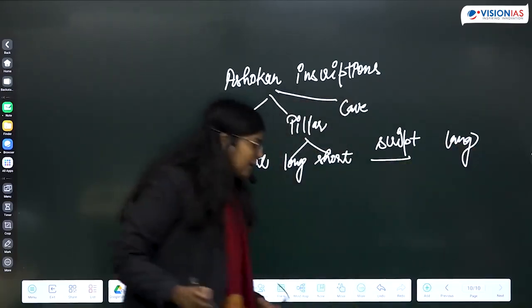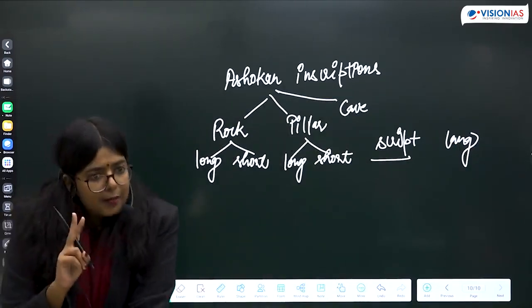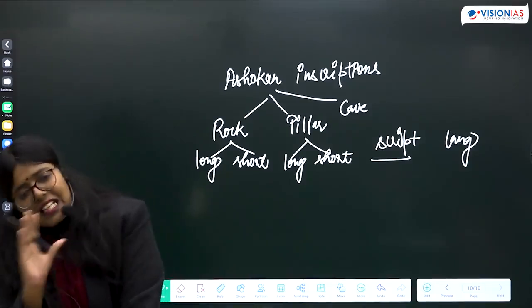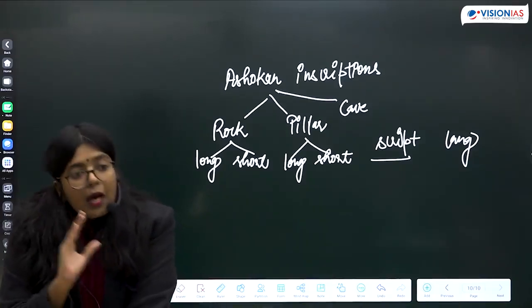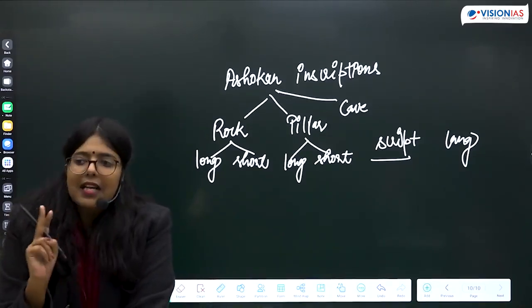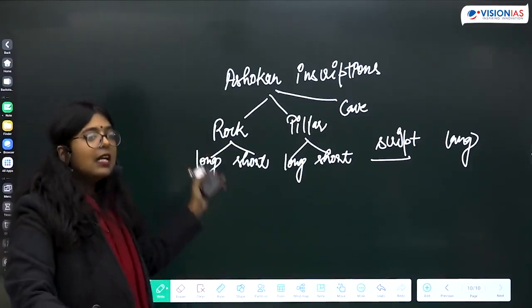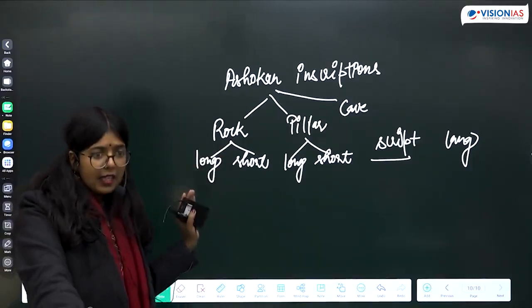When we are talking about Ashokan inscriptions, they are found in two scripts. Majorly they are found in Brahmi script, but some inscriptions are also inscribed in Kharoshthi script, specifically in the northwestern frontier provinces.